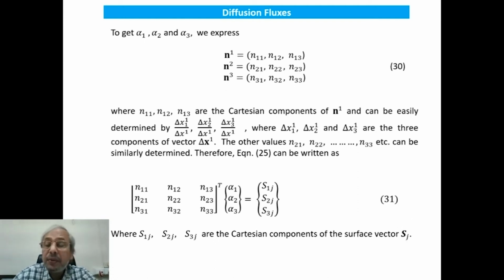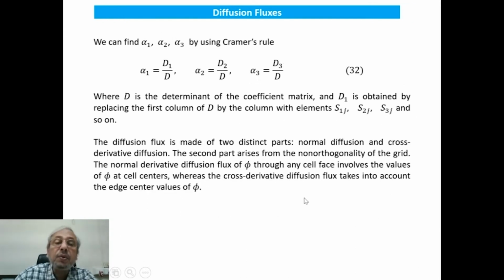And from equation 31, it is possible to calculate alpha 1, alpha 2 and alpha 3 by applying Cramer's rule, where alpha 1 is D1 by D, alpha 2 is D2 by D, alpha 3 is D3 by D.